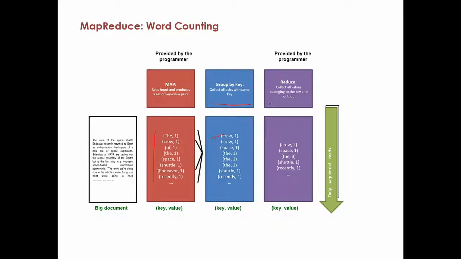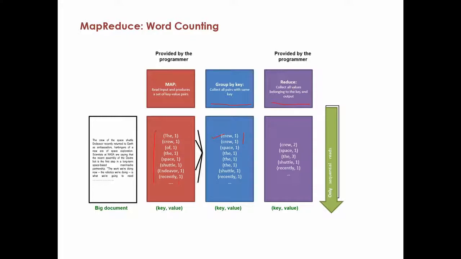The reducer takes this list of records. Depending on the format, it can be crew followed by 2 ones, which is a list of values and 1 key, or a list like crew 1 followed by crew 1.